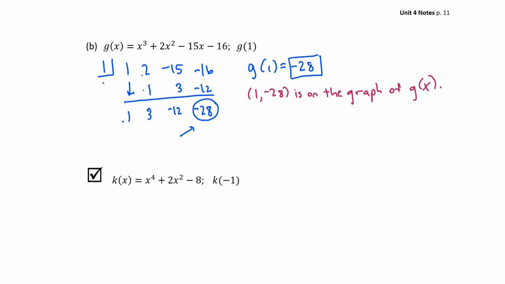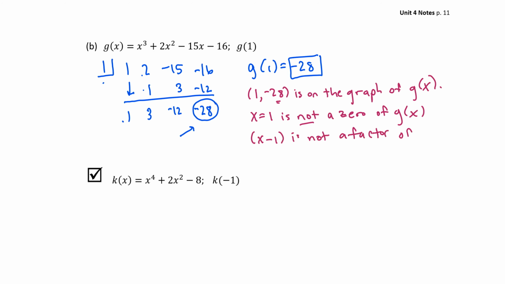We can also say that x equals 1 is not a 0 of g of x. It is not a 0 because the function value is not 0. Therefore, we know x minus 1 is not a factor of g of x.